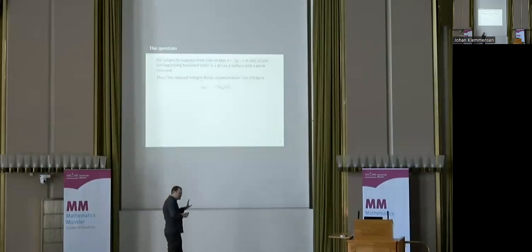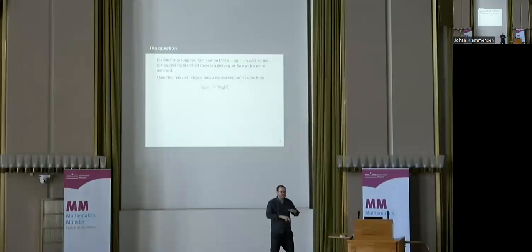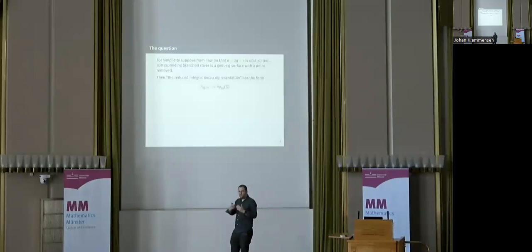Because of this case distinction depending on the parity of the number of points, let me always suppose from now on that n is odd. Let me write it as 2g plus 1, and then the branch cover has genus g. Okay, so I'll refer to g as the genus of the branch cover. In this case, the reduced integral Burau representation maps from the (2g+1)st braid group to the symplectic matrices of size 2g. And this can all be made completely explicit.